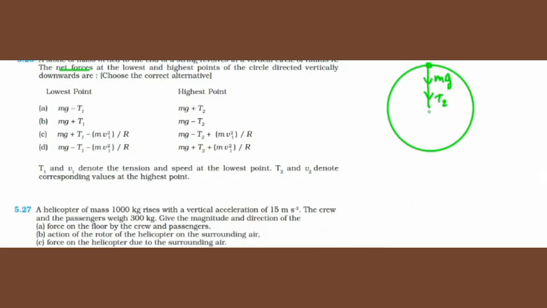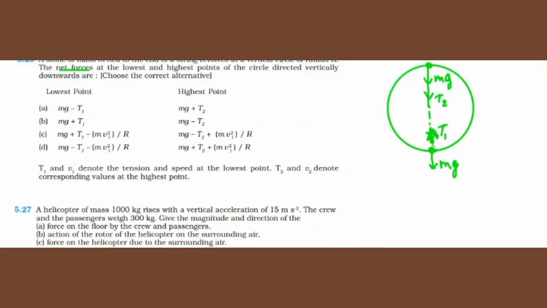Then, when the object is at the lowermost point, Mg is acting downward. But so far as the object is in a circular path, the tension T1 is acting upward. So look at the lowermost point, tension is acting upward.